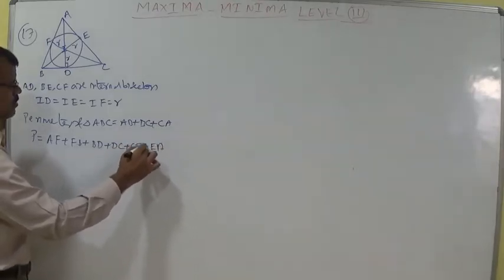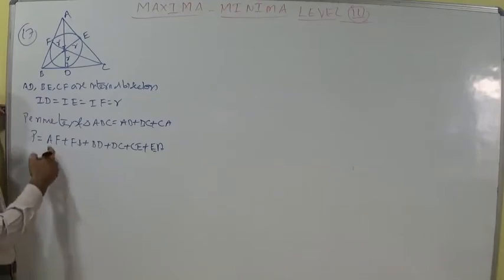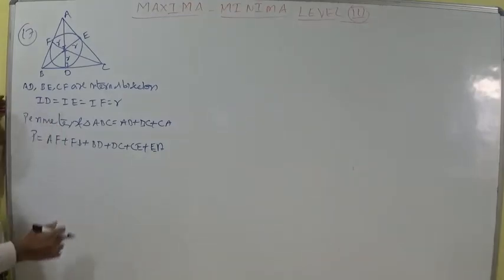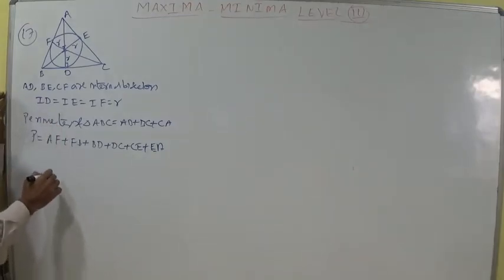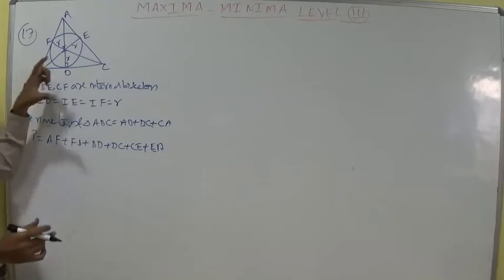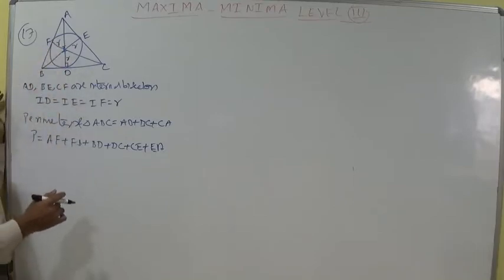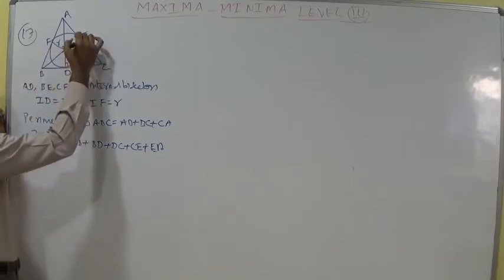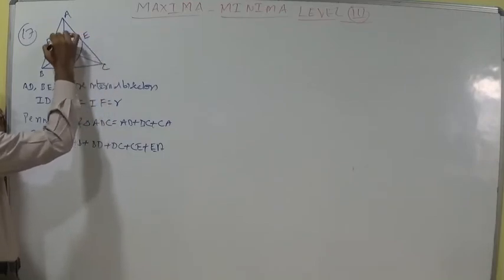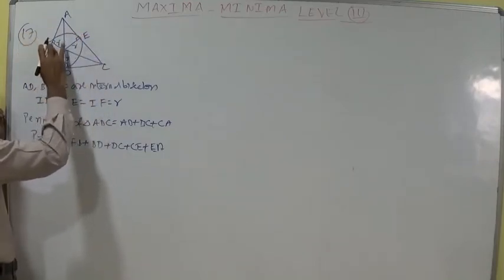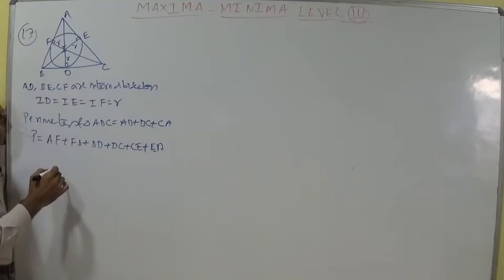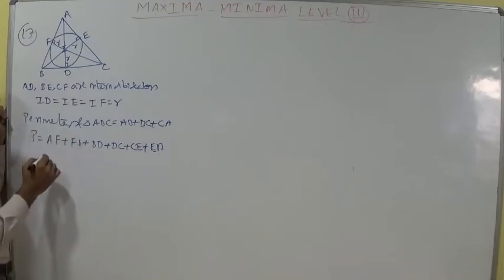That is the perimeter. Sir, why are you writing like this? I will say, dividing the parts. This is a right angle triangle at D, this is a right angle triangle at E, and this is a right angle triangle at F.